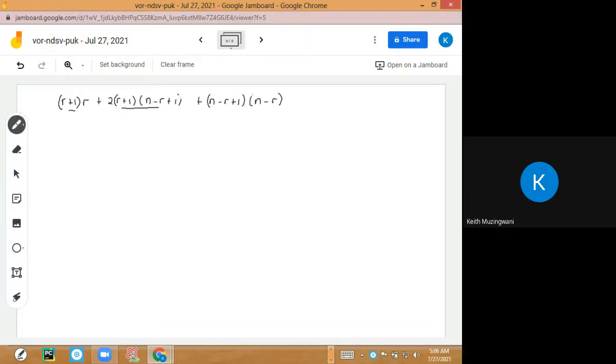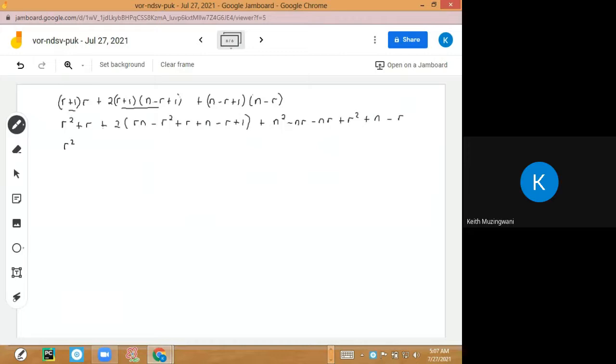So let's just expand. So we have r squared plus r for the first one. And then we'll have 2rn minus r squared plus r plus n minus r plus 1, plus n squared minus nr minus nr plus r squared plus n minus r.